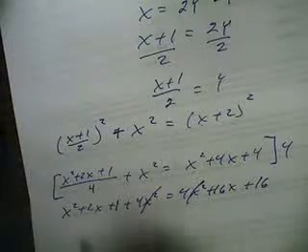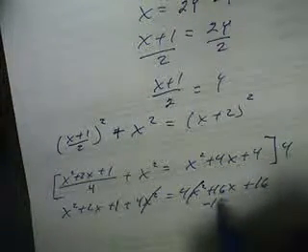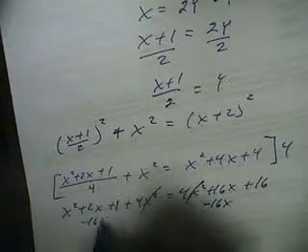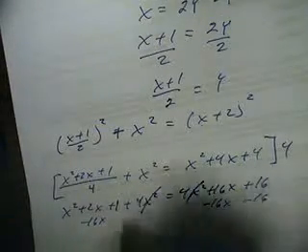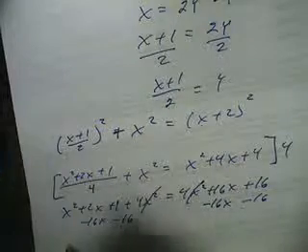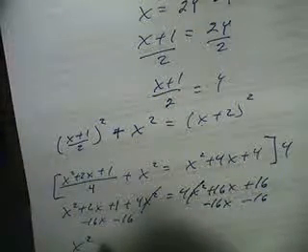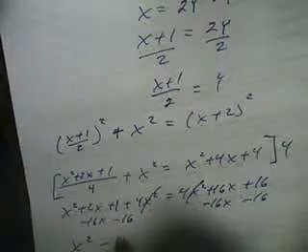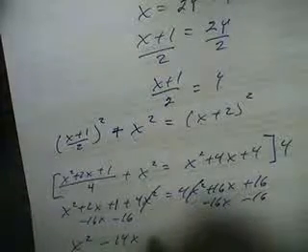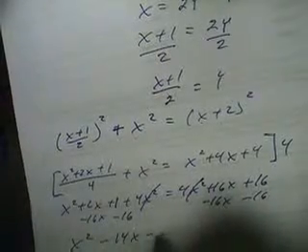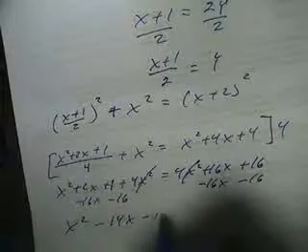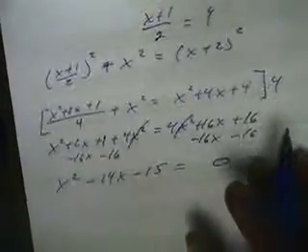And so what I'll have is, let me subtract my 16x from both sides. And subtract 16 from both sides. This will leave me with x squared, minus 14x, and minus 15. And that'll all equal 0.